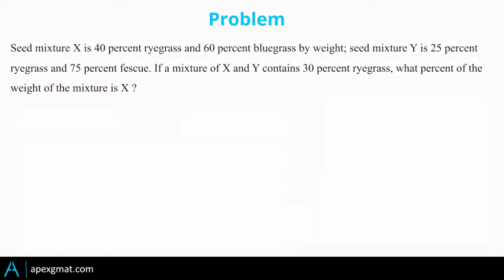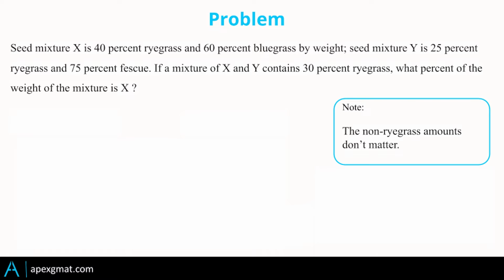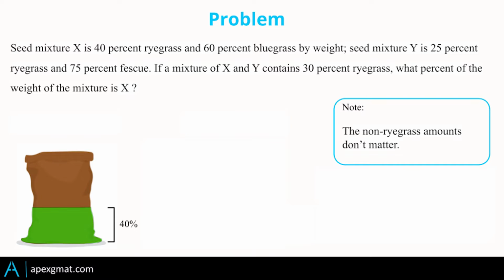So let's take a look at bags X and Y. We're being asked about the amount of ryegrass, which means that the amount of fescue, the amount of bluegrass, whatever else is in the bag, doesn't matter. Bag X has 40% of what we're looking for. So if bag X is 100 pounds, it has 40 pounds of what matters.